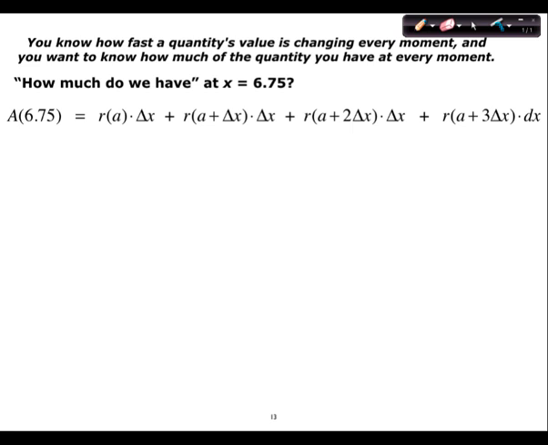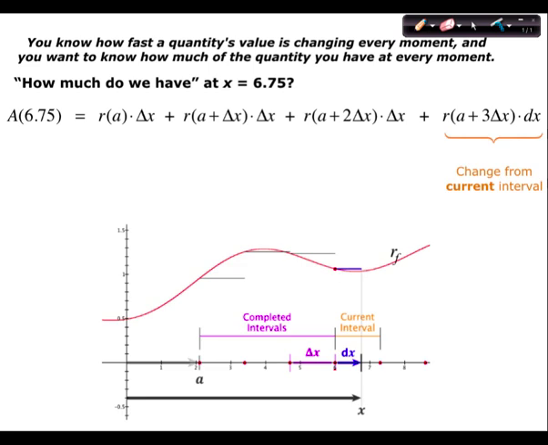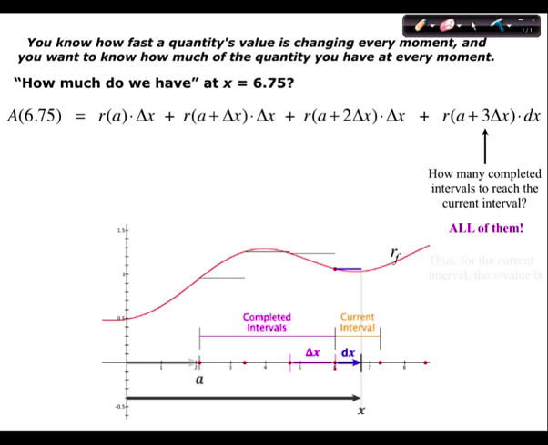And then how many intervals do we have to go across to get to the left side of the current interval? All of the completed intervals, right? The total number of completed intervals. So to get to the left side of that current interval, we go a plus the total number of completed intervals times delta x.